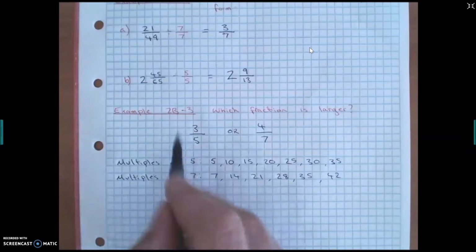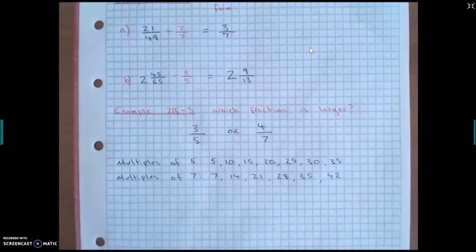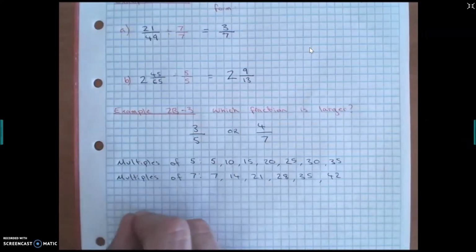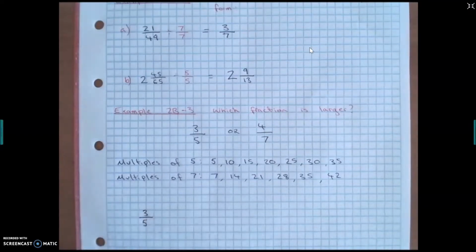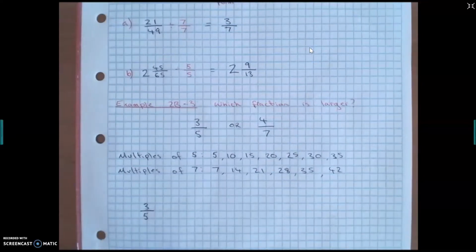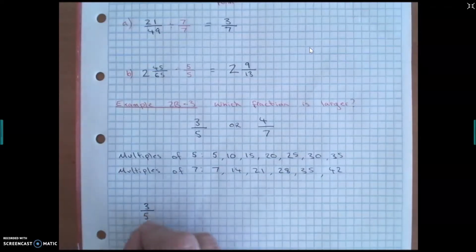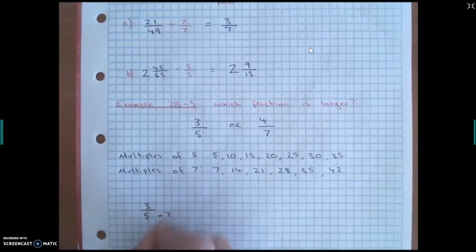So if I start off with the 3 over 5, if I want my denominator to be 35, I need to determine what number I need to multiply top and bottom by to give me that 35. In this situation, I know that 5 times 7 would give me 35.